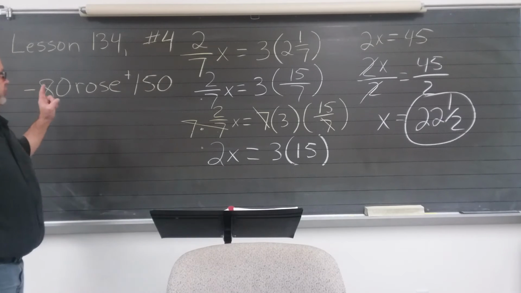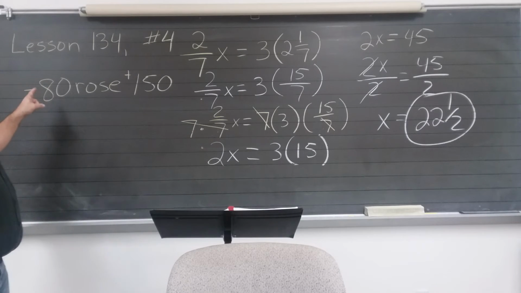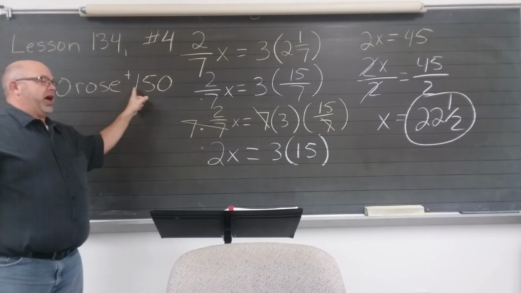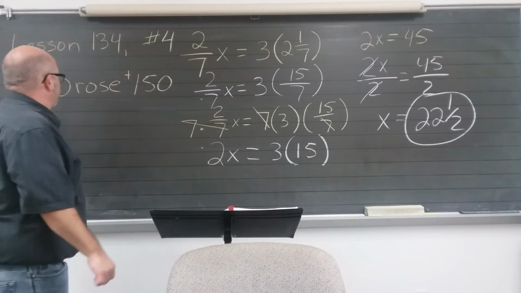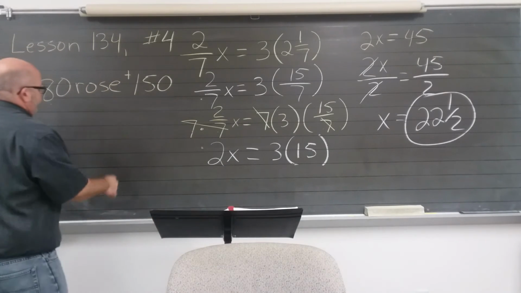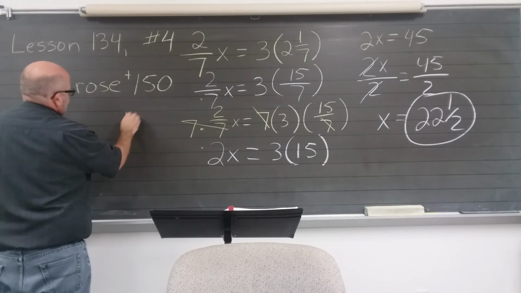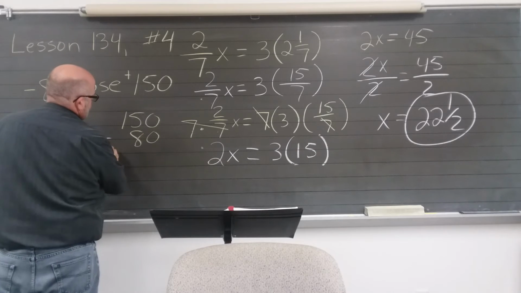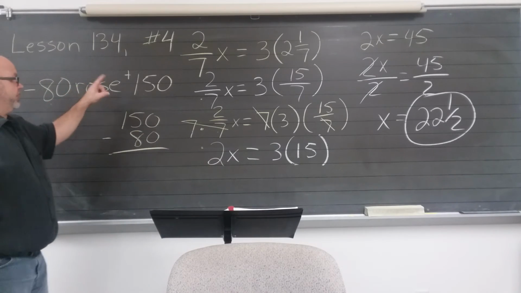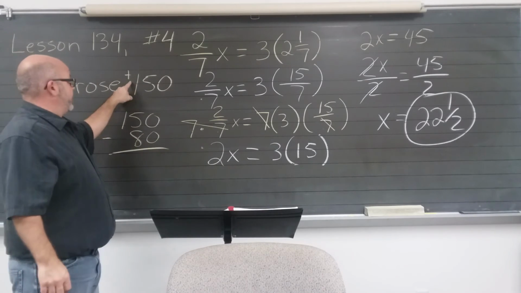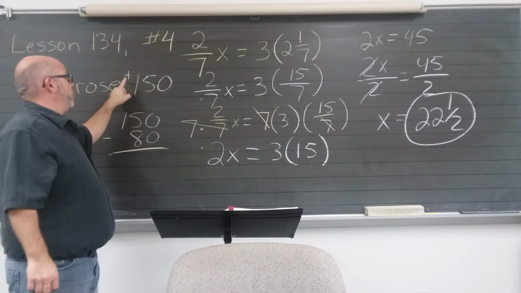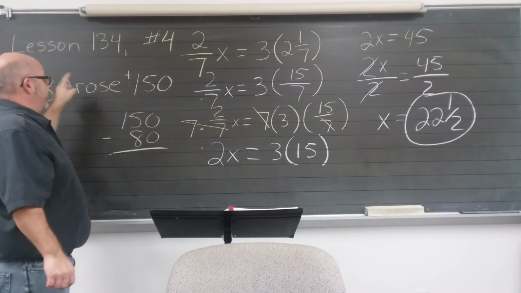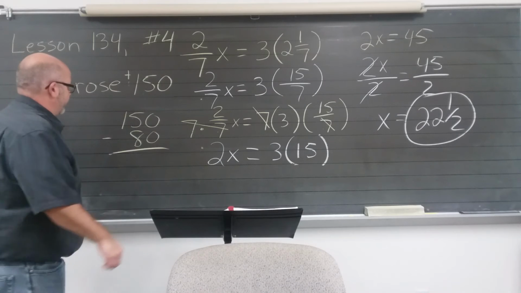When you have two numbers with different signs, negative 80, positive 150, you subtract 150 minus 80 and put the sign of the largest number with the answer. So your 150 is positive, your 80 is negative, so your answer is going to be positive.